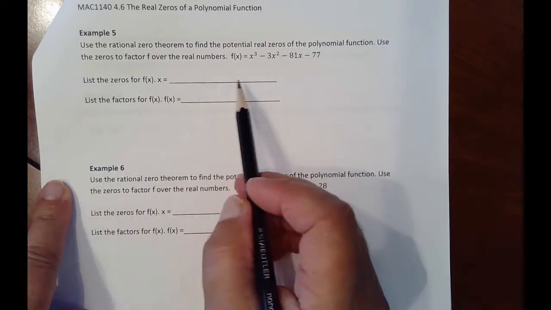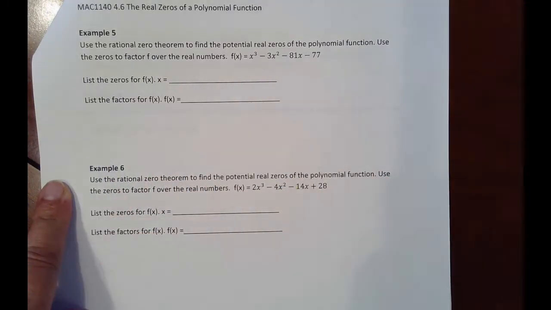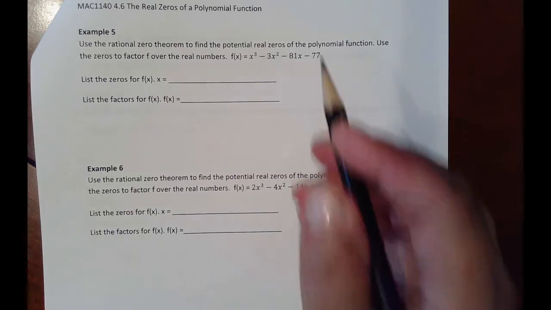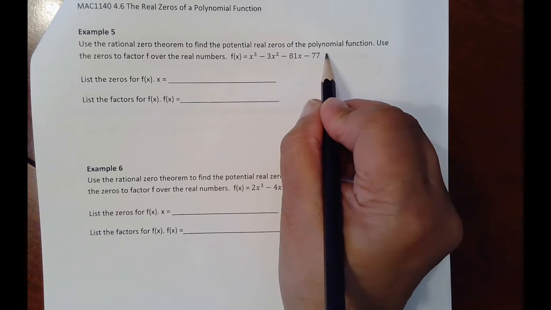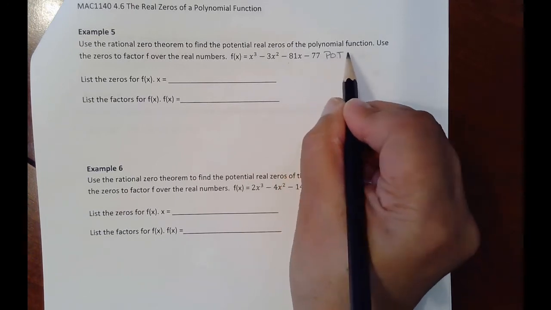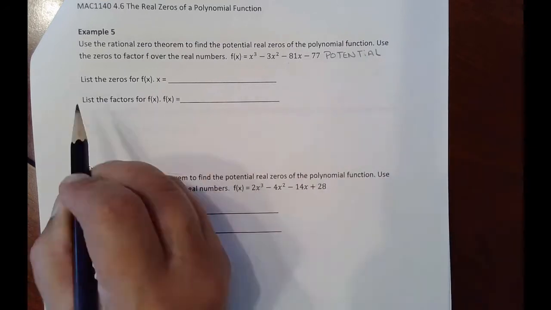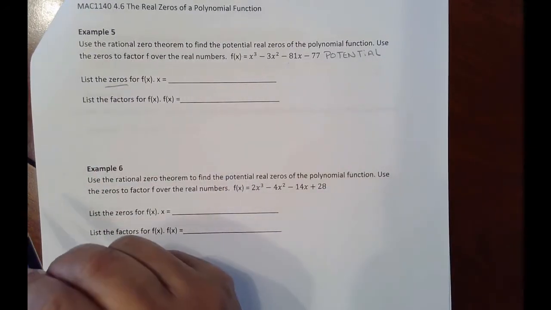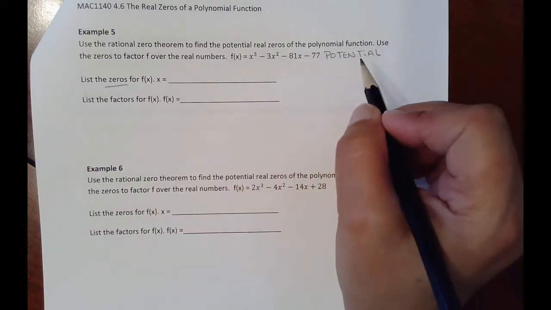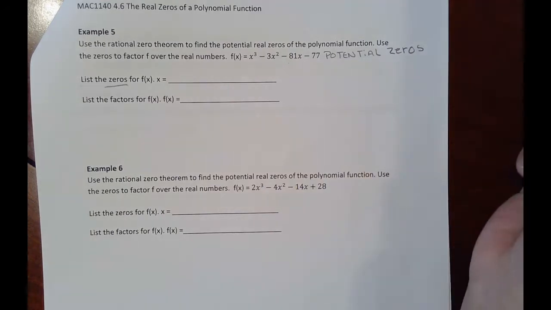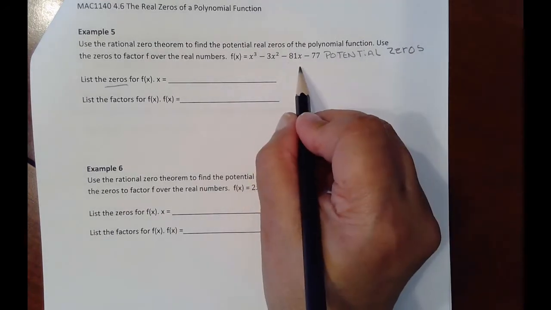Okay, so list the zeros. And we're also going to list the factors in this problem. First thing we're going to do is list the potential zeros. We don't know that anything is actually a zero until we do synthetic division. But our possibilities, our potential zeros, which come in the form of rational expressions, fractions, are written like this.